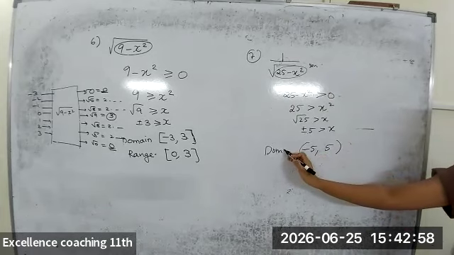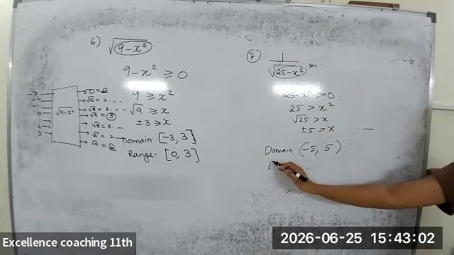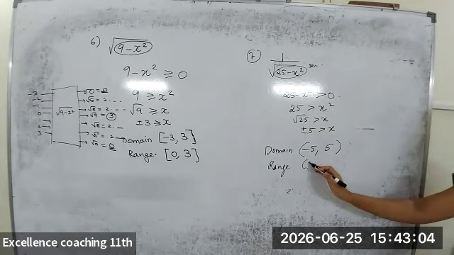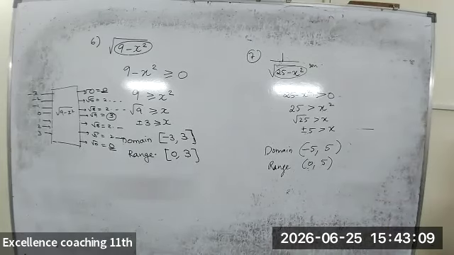Round brackets now, both sides, because there is no equal to sign. And the range will be 0 to 5, again with round brackets, because there is no equal to sign.